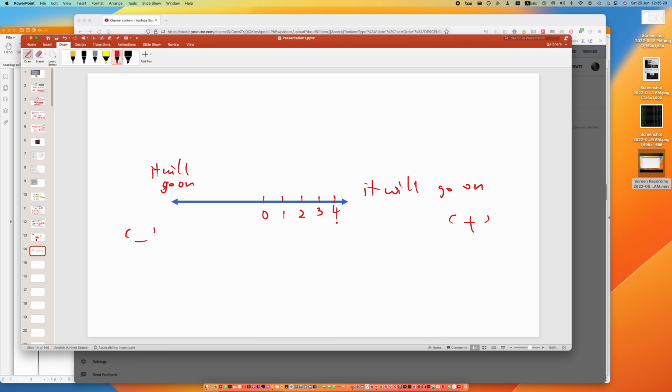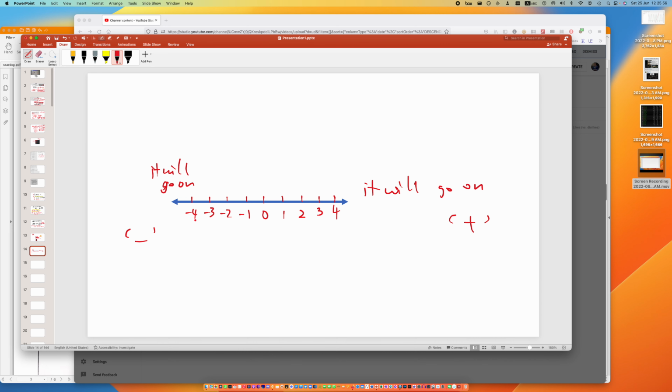So how do you show it? By having an arrow to show that it will go on and on in the positive direction. Can you see it's positive 5, then 6, 7, until like 100,000, right? Then on the left hand side of 0 is 1 cm again, negative 1, negative 2, negative 3, negative 4, and then negative 5, on and on.